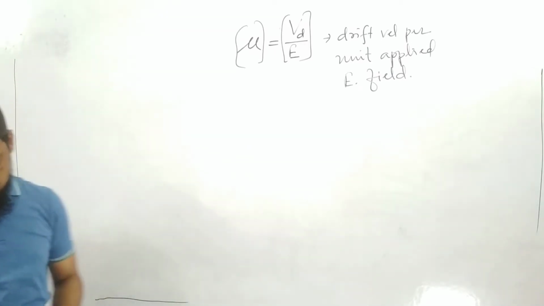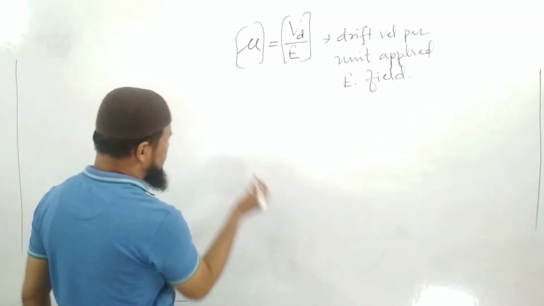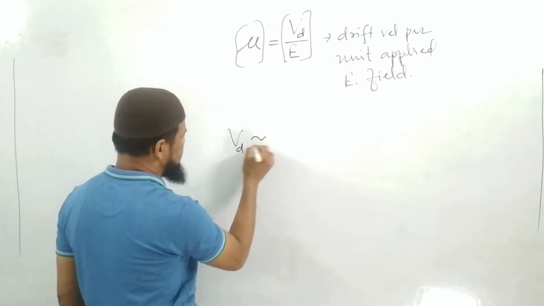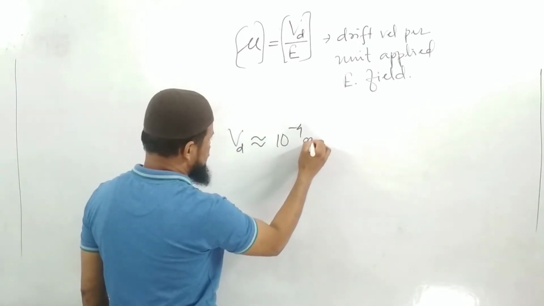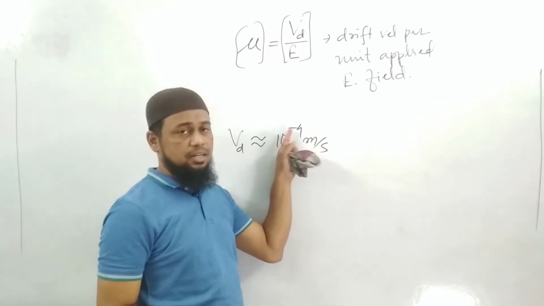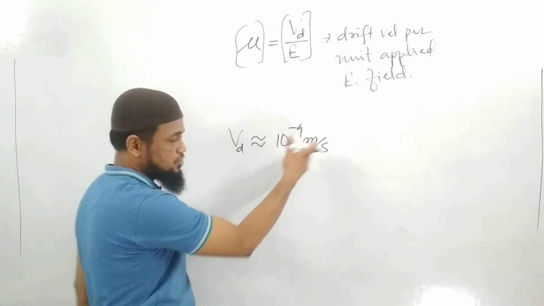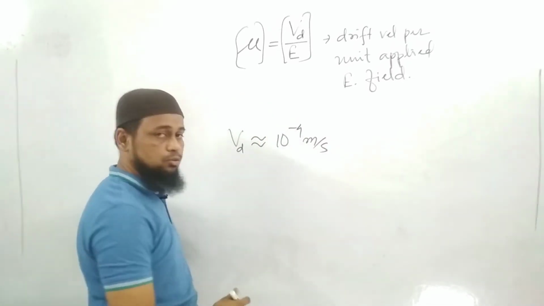Drift velocity is approximately 10 to the power minus 4 meter per second. Again, in some books you may find it as 10 to the minus 3; I'm picking 10 to the minus 4.